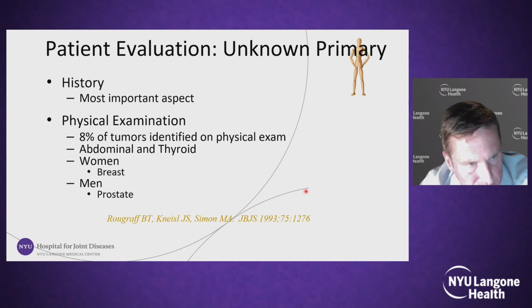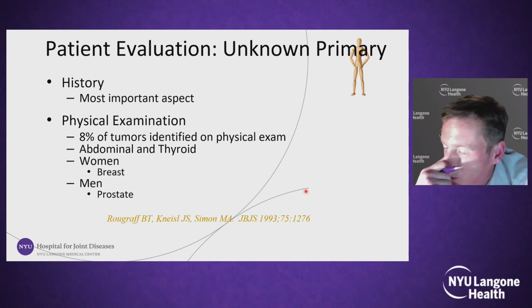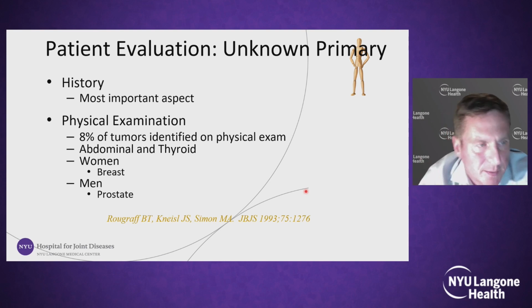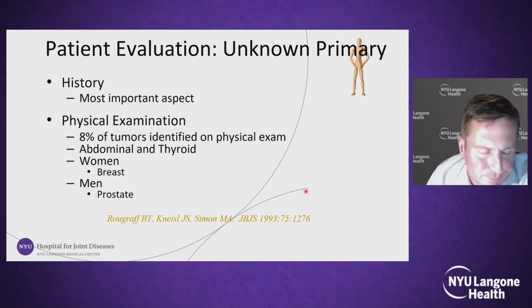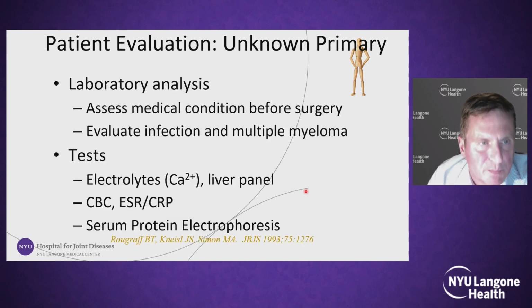I can't sit here and say I do prostate exams and breast exams on my patients, but nonetheless, those are questions you can ask if you're evaluating somebody who has one of these destructive lesions with no known history. Those are reasonable questions to ask, simple things you can do to pinpoint and direct further workup and treatment.